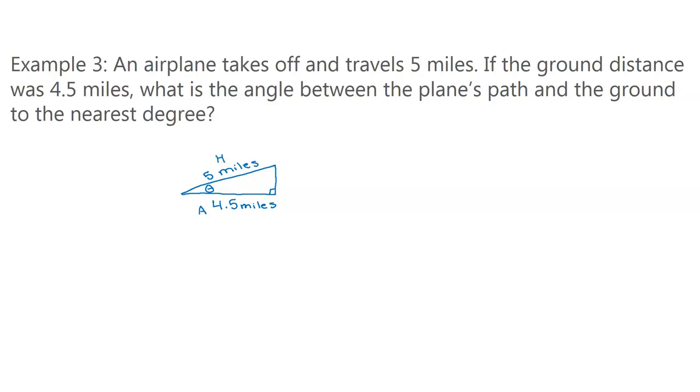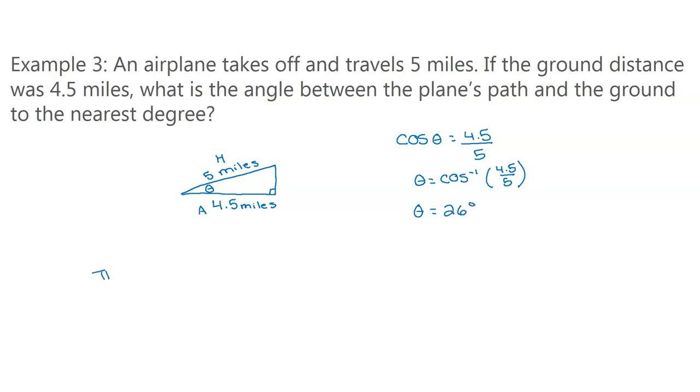So I'm going to use cos for this one, because cos is adjacent over hypotenuse, 4.5 over 5. So now to find the angle, we need to do cos -1 of 4.5 over 5. And when I do that on the calculator, I get 26 degrees.